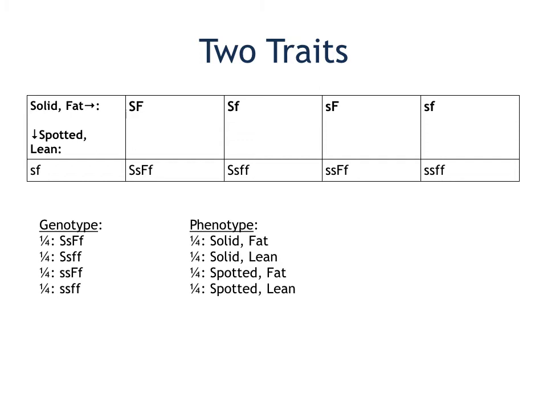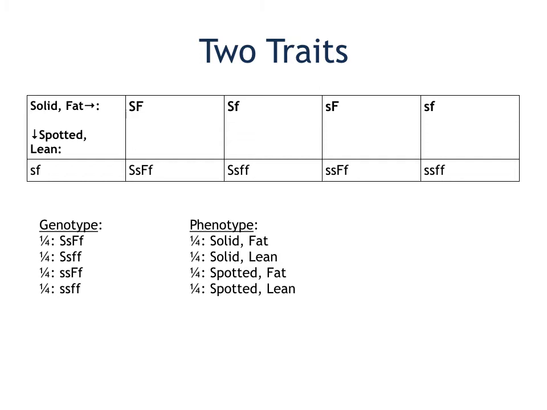Then we have our cow that produced a gamete that is a lowercase s and a capital F, mating with our same bull, and that produces a zygote, which is both lowercase s's and a capital F and lowercase f. So we have a spotted and a fat cow.